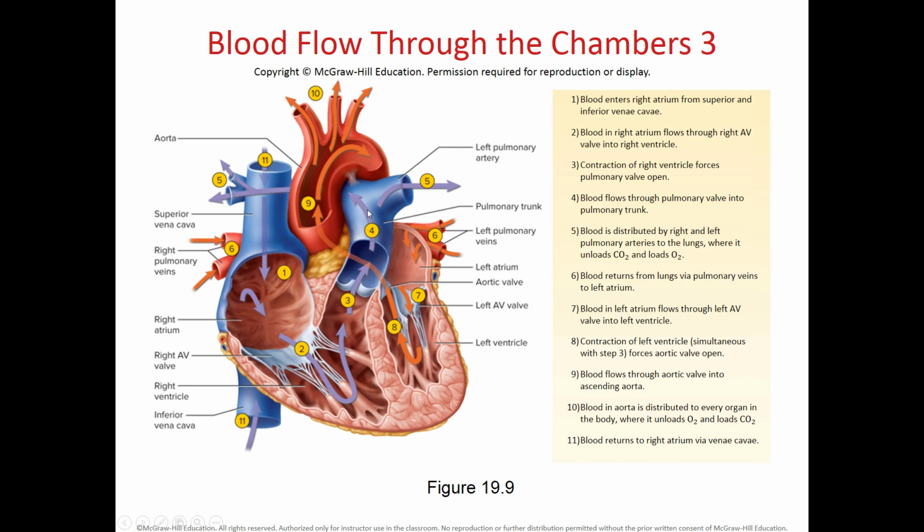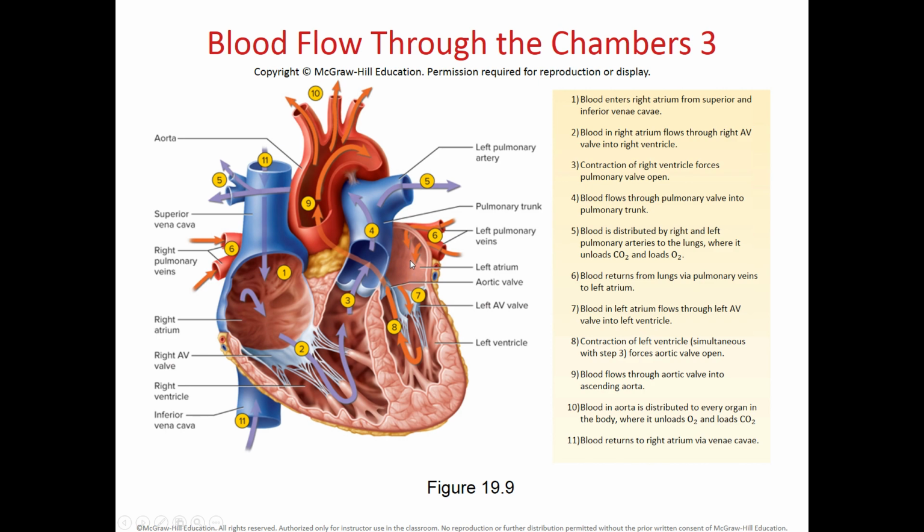From the pulmonary trunk, the blood goes into the left pulmonary artery and into the right pulmonary artery to deliver the blood into the lungs. Once the blood is oxygenated in the lungs, it will return into the heart using the right pulmonary veins and the left pulmonary veins, reaching the left atrium.